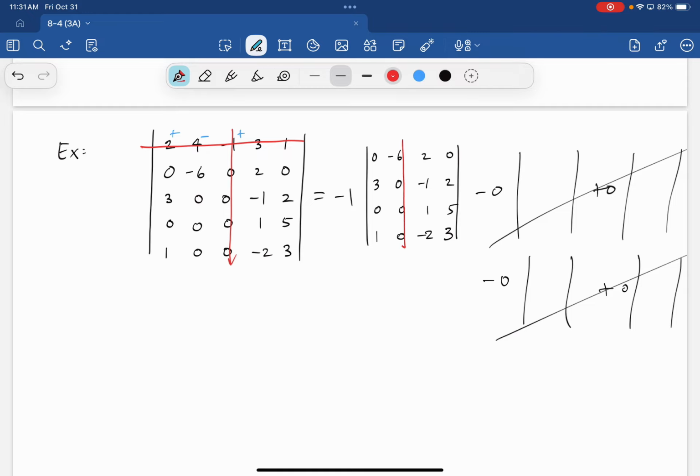Very good. So what is that going to become? We have to keep the -1 on the outside, so it's going to be -1 times +6, because it's a plus and a minus here, so the 6 has to change sign. So it's -1 times +6 times the determinant of 3, -1, 2; 0, 1, 5; 1, -2, 3.